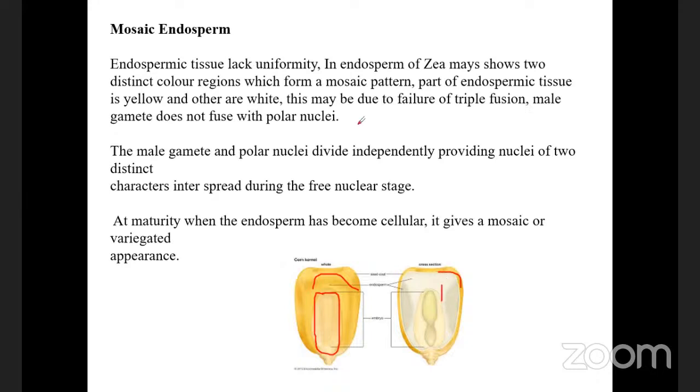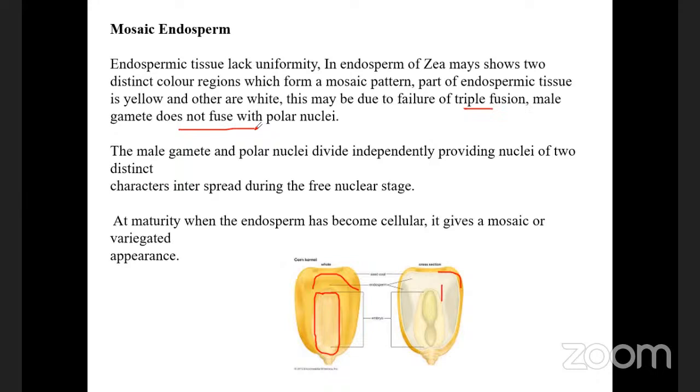You see a mosaic pattern of the endosperm tissues. Due to failure of triple fusion, our male gamete may not fuse with the polar nuclei. At that time, the male gamete is forming one type of endosperm and the polar nucleus is forming the other color type of endosperm. So both types of endosperm formation are taking place.